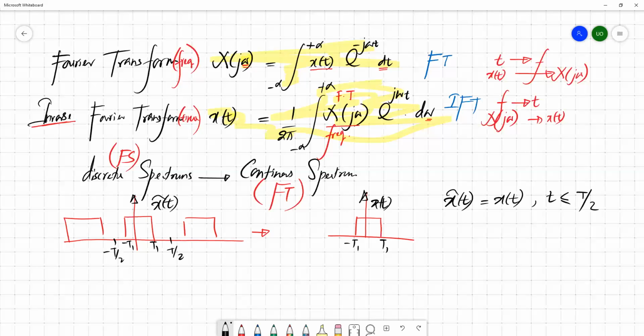If you just capture this fundamental period, you can simply claim that x tilde t and x t are equal during this fundamental block.